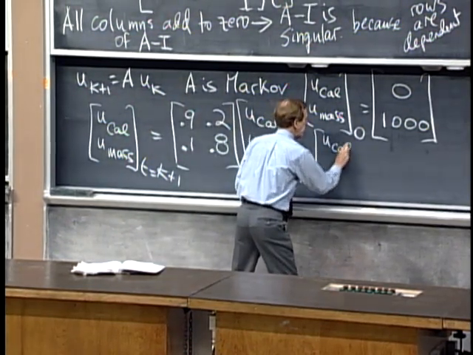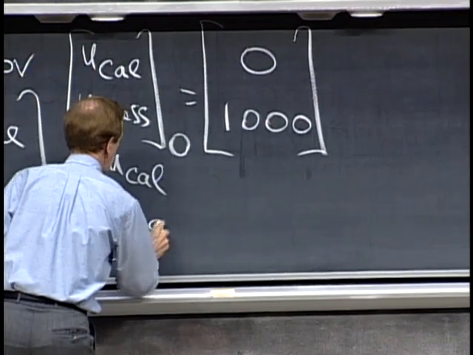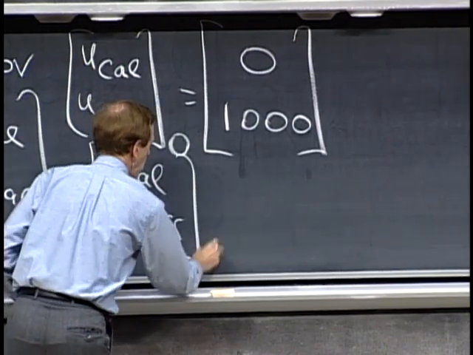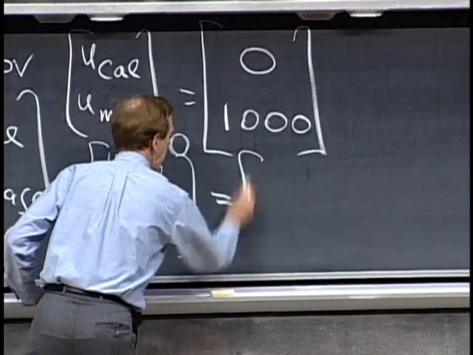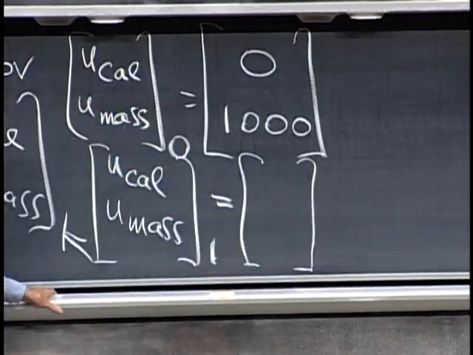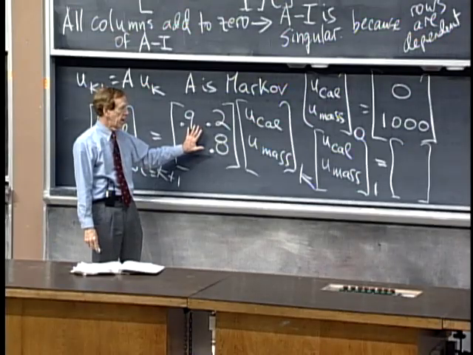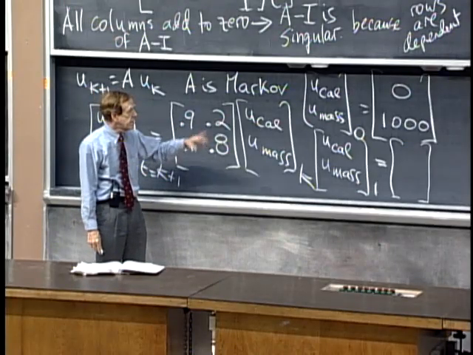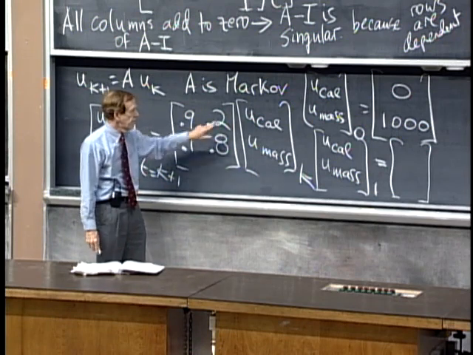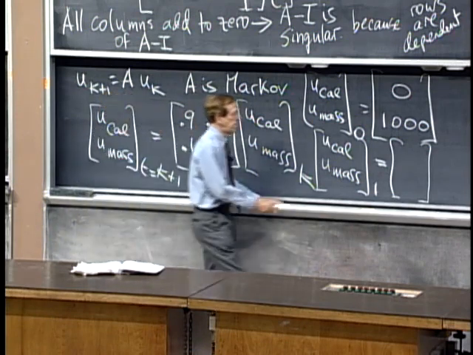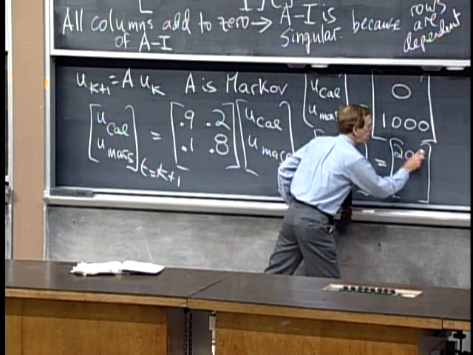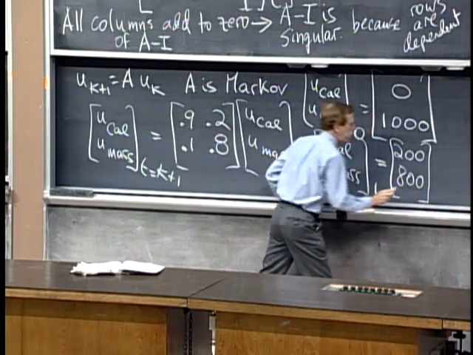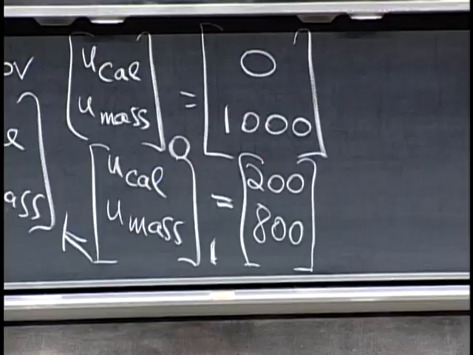Actually, why don't we figure out what it is after 1? After 1 time step, what are the populations? At time 1. So what happens in 1 step? You multiply once by that matrix, and let's see. 0 times this column, so it's just 1,000 times this column, so I think we're getting 200 and 800. So after the first step, 200 people are in California.